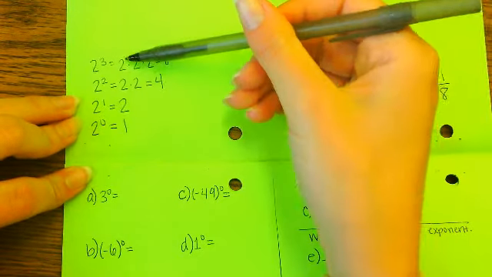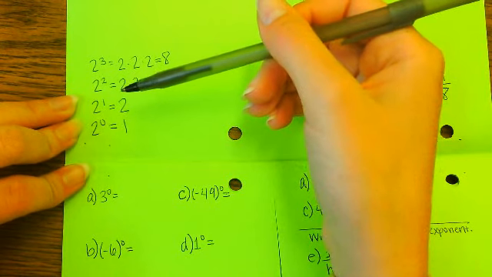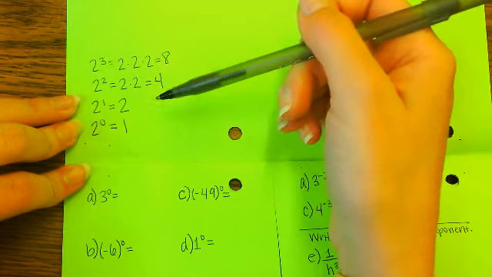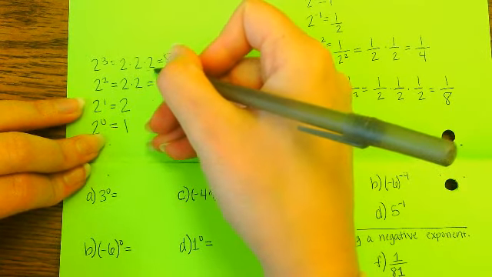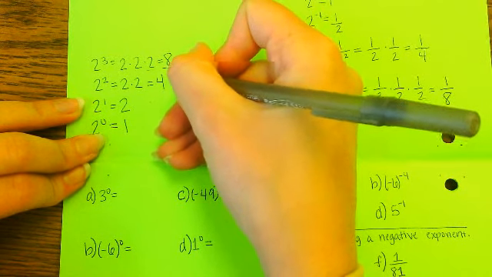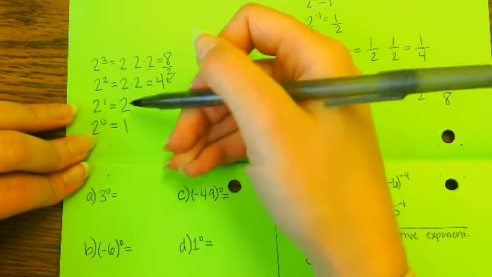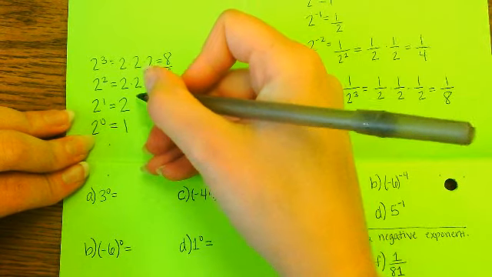We've got 2 cubed, which is 2 times 2 times 2 equals 8. 2 squared means I'm multiplying by 1 less 2 than I was up here, and I get 4. So I could think about, I'm actually getting rid of this 2 right here by doing 8 divided by 2, and that gives me 4. And then 2 to the first power, that just means I'm going to have 2 as a single factor, not being multiplied by anything.